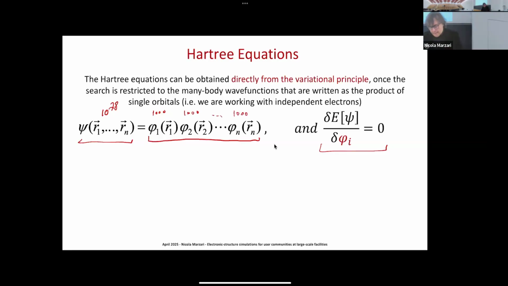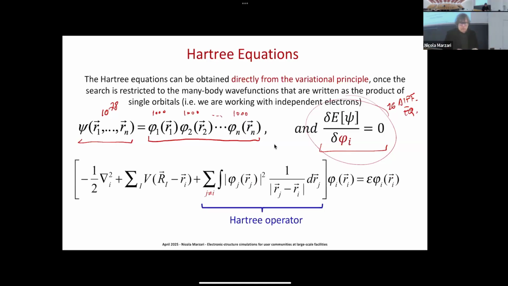And so this minimum condition is actually 26 differential equations. So we have gone from one differential equation, the Schrödinger equation for 26 electrons, maddeningly complex to solve, to 26 equations, but now much simpler to solve and very intuitive, because they all look the same.